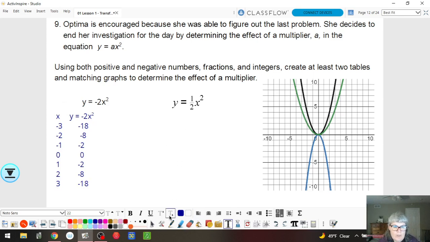For y equals 1/2 x squared, I'm going to put my 1/2 in parentheses just like we had to do for the calculator.